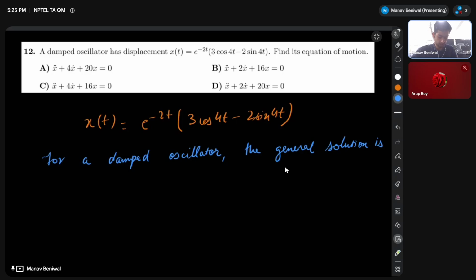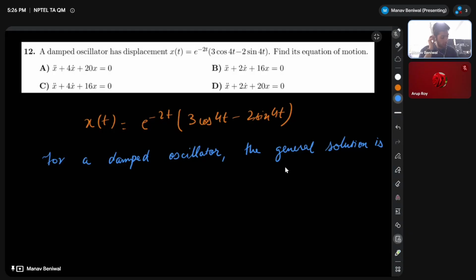And this omega d, which we just found out, is the frequency, right? Omega d is nothing but the square root of omega naught squared minus gamma squared. Corresponding to this, the equation of motion is given as x double dot plus 2 gamma x dot plus omega naught squared x is equal to 0.